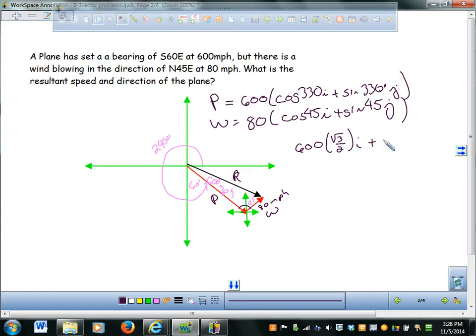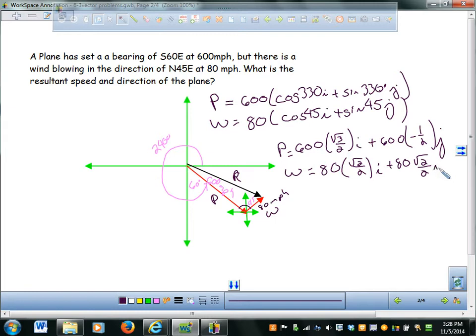So I'm going to go plus 600, I distributed through the 600 times negative 1/2 in the j direction. Okay, so that's my plane speed. And my wind speed is going to be 80 times the cosine of 45, which is root of 2 over 2 in the i direction, plus the sine of 45, which is also root of 2 over 2 in the j direction.